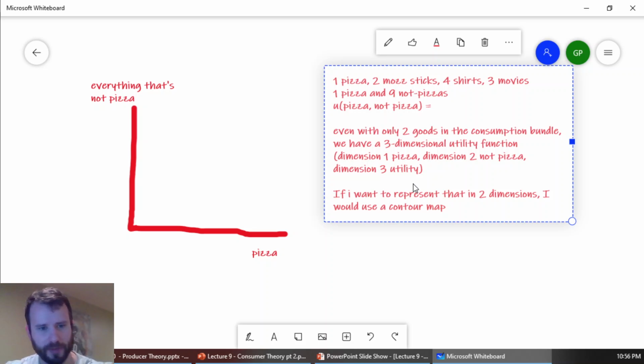It's a 2-dimensional map, but it shows you altitude as though it were 3-dimensional using colors. We can apply the same concept to an indifference curve. We take the utility function, which is 3-dimensional on everything that's not pizza, and utility, and break it down into a 2-dimensional graph with utility as the contours.